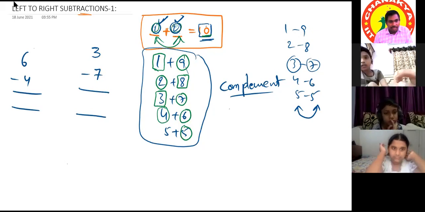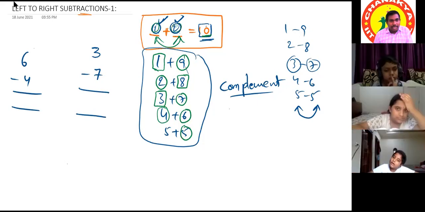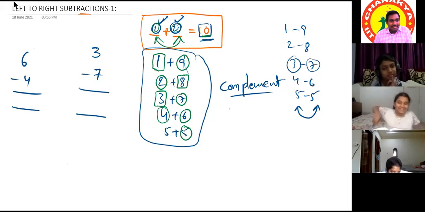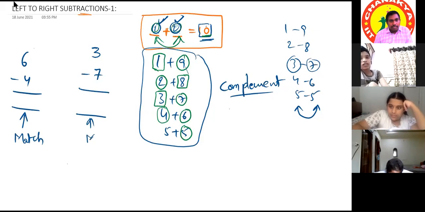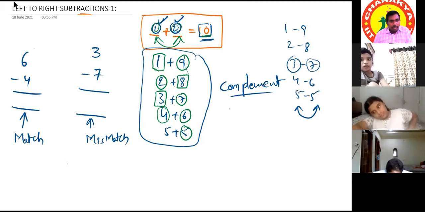Mathematically, we will tell it as minus 4, but practically, if you have 3 rupees and I ask for 7 rupees, how can you give? Not possible, right? In subtractions, this case we will call a match case, and this case we will call a mismatch. A match case means the difference is possible. A mismatch means the difference is not possible.